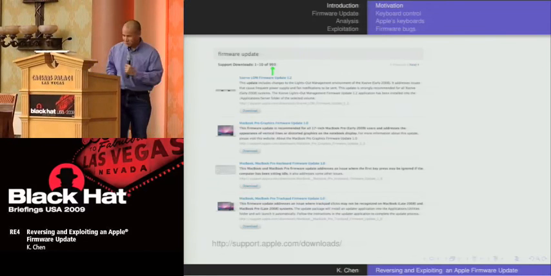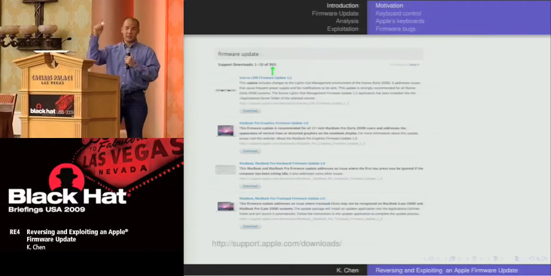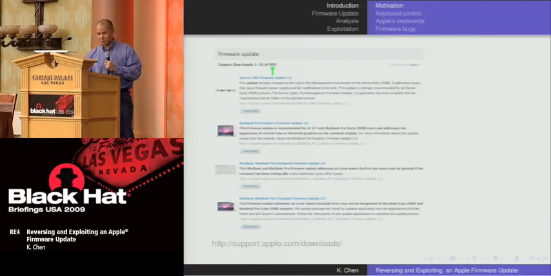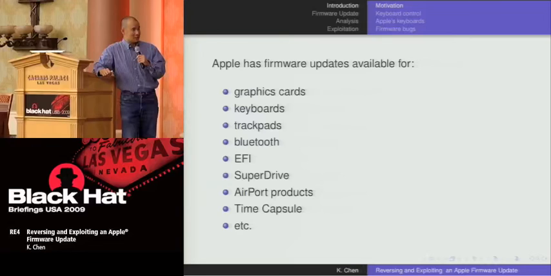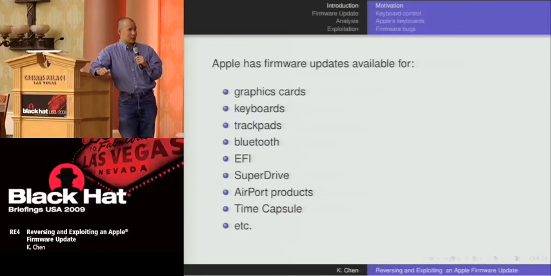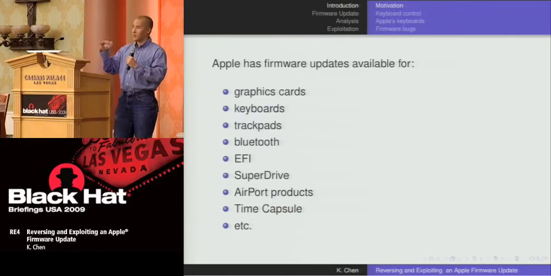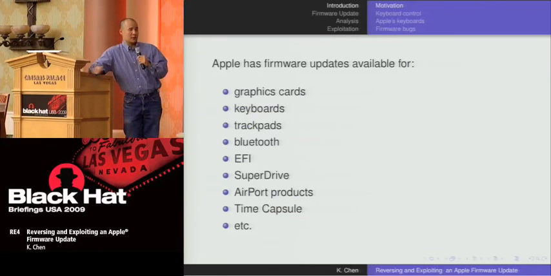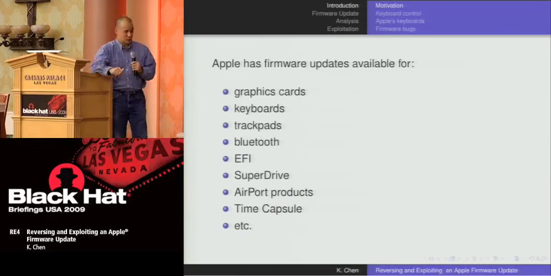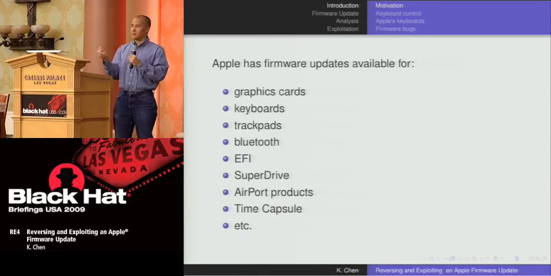So if you scroll through that list, you see that Apple has firmware updates for a lot of stuff. They have firmware updates for graphics cards; Apple has used both ATI and NVIDIA. They have firmware updates for keyboards, the trackpad, the Bluetooth adapters, EFI, and SuperDrive, which is their DVD drive.